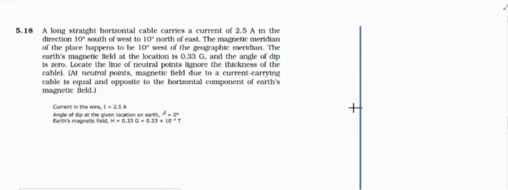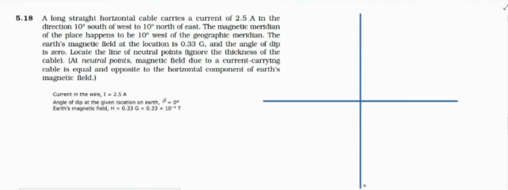Again, we have to go for the diagram. Here we have geographical south, north, east, west. Now the question says that there is a cable carrying current. The cable is at 10 degrees like this, 10 degrees south of west and north of east.